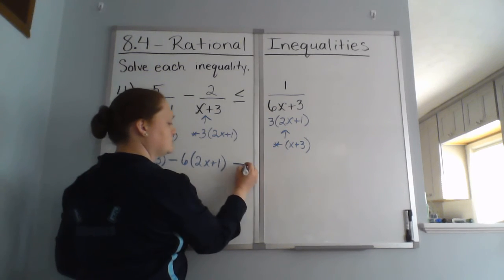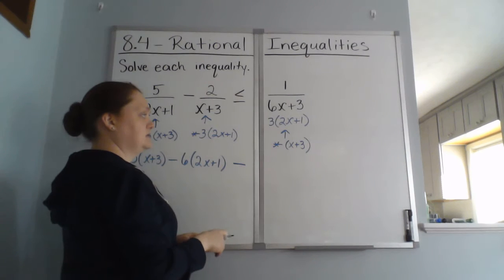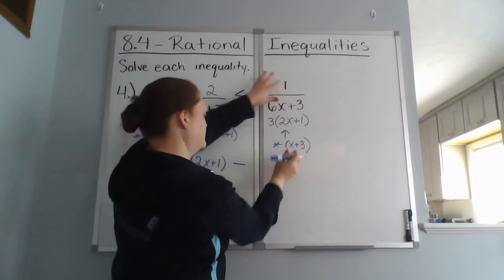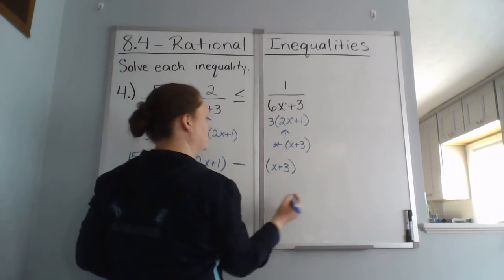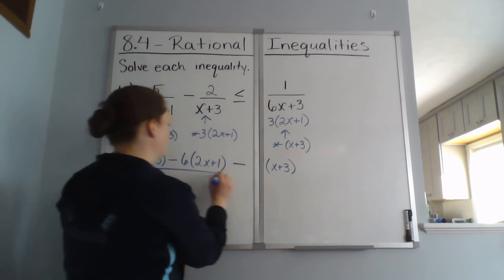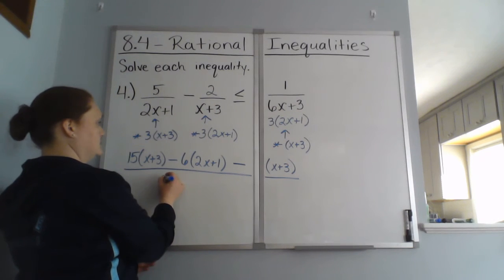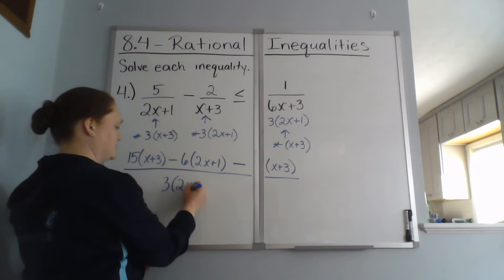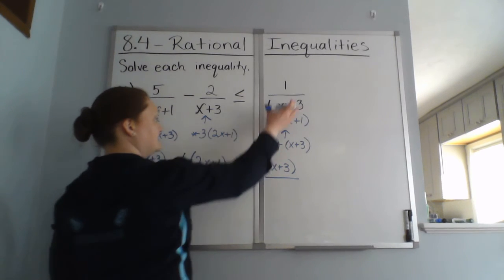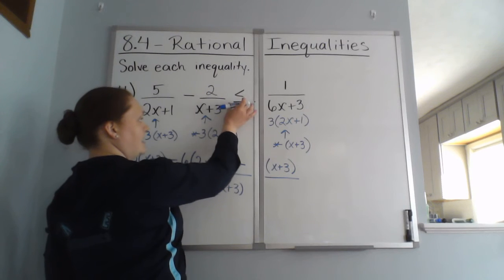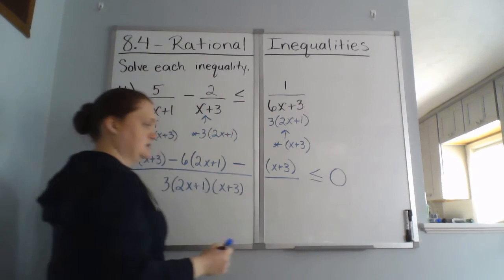So I'm going to subtract this, and then I'll have a 0 on the right-hand side. So I need to do 1 times x plus 3, so I need to subtract parentheses x plus 3. Put that all over the common denominator, which is 3, 2x plus 1, x plus 3. And because I've subtracted this to the other side, I have this symbol over here, and now I've got a 0 on the right-hand side.